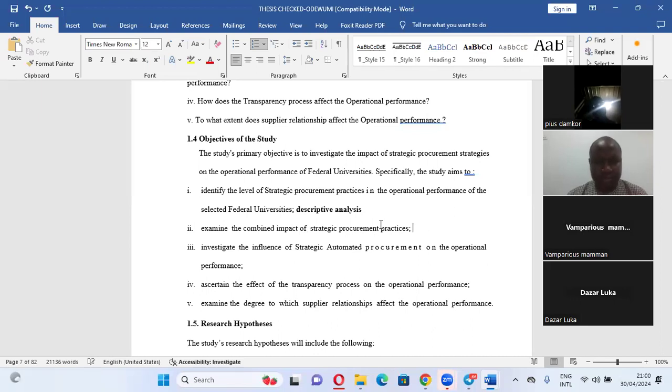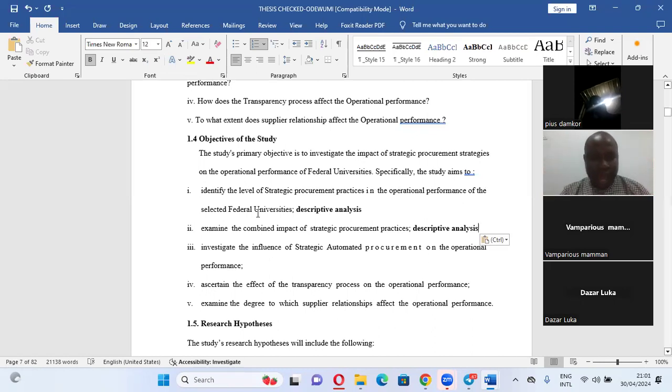This is also descriptive. Now, in class yesterday, please don't ever forget this, I explained to us dependent and independent variable. I hope you can remember. Now, when you see an objective or a hypothesis, the first thing you should look out for is whether this objective is a singular variable objective or a double, more than one variable objective. Any objective that you see that is a singular variable objective, it is descriptive.